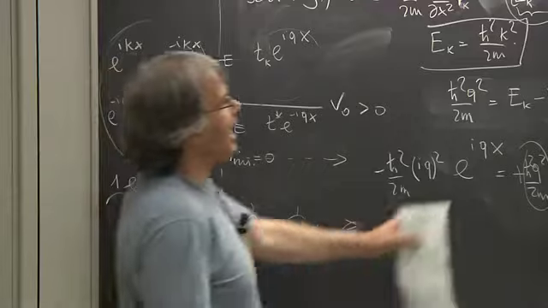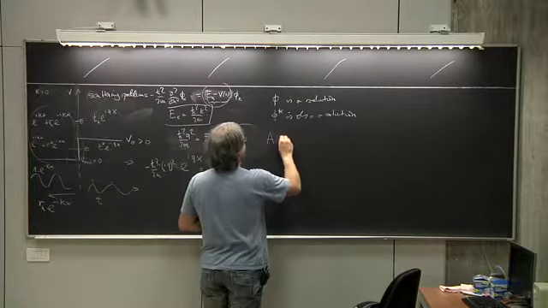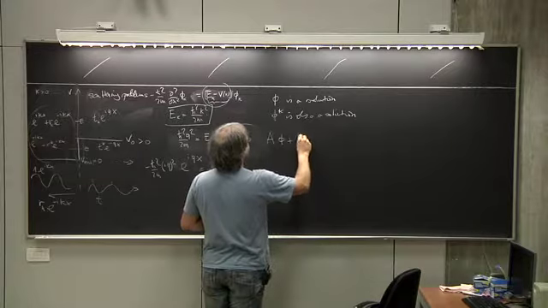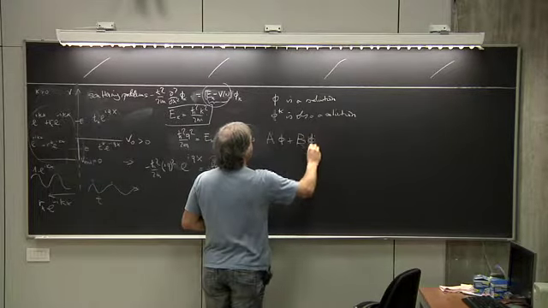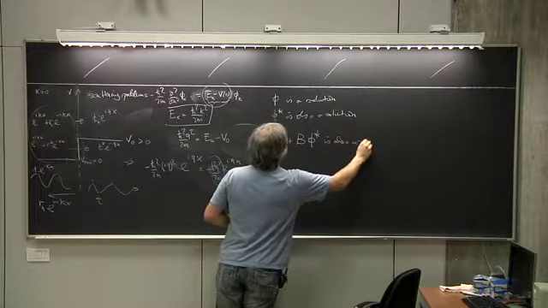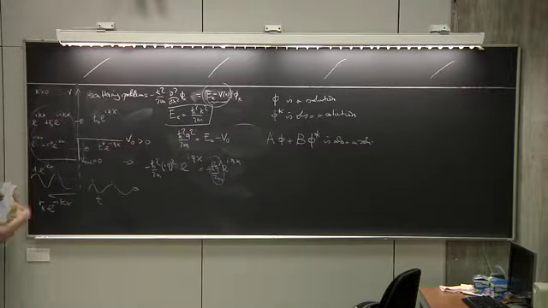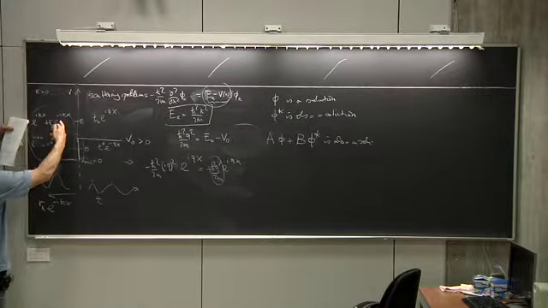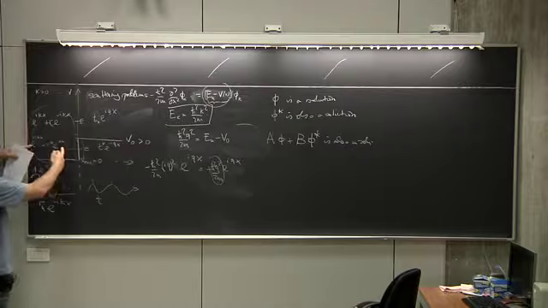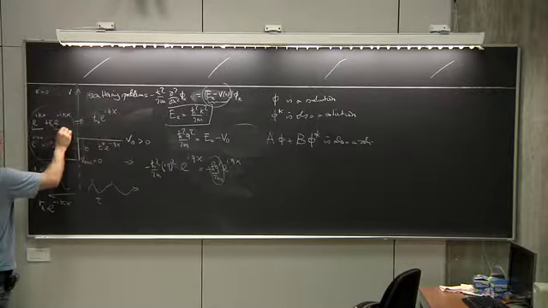Now, if phi star is also a solution, any combination A phi plus B phi star is also a solution. Which means that you can take this with a certain coefficient and combine it with this with a certain coefficient. You collect all the terms and you will find a term for this and a term for this.